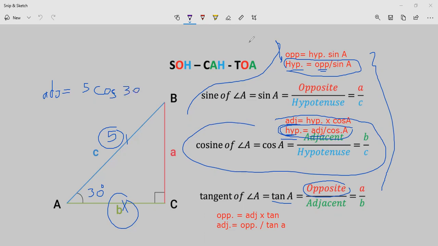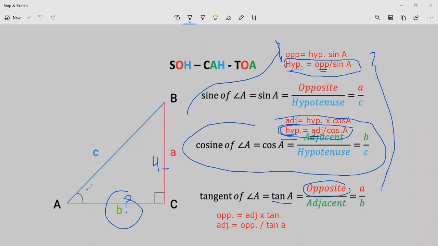Now another example. Now I will give you this side 4, and this side is missing. So I ask myself, which side am I missing?